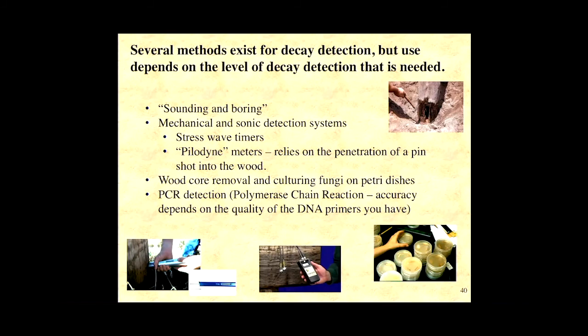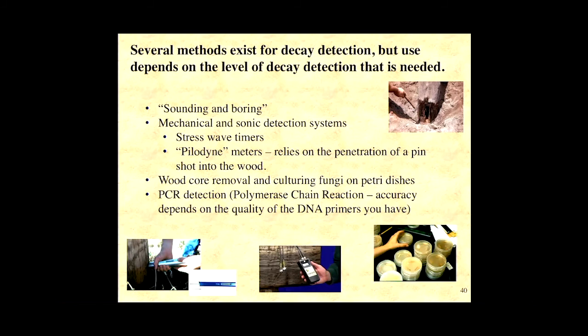But if you get into a structural environment where you've got different sizes, different shaped material, different fasteners, things like stress wave timers in particular don't provide the accuracy that's needed, and even attenuation of sonic waves that move through wood aren't good. There's just too many variables, even in the sound of wood, that come into play. Pilodyne meters, this is a Pilodyne right here.